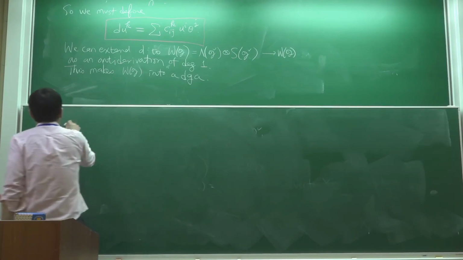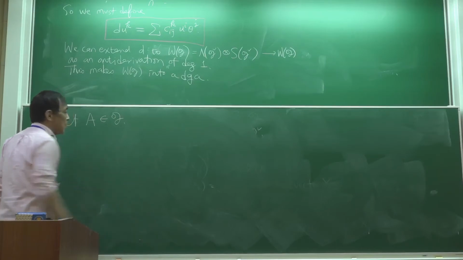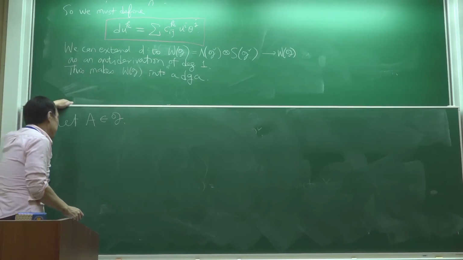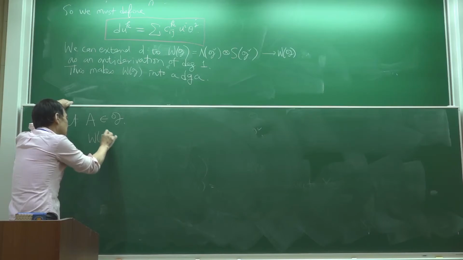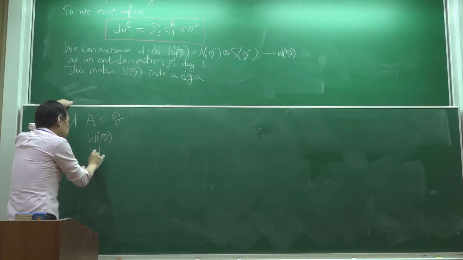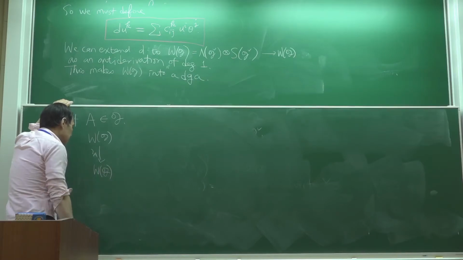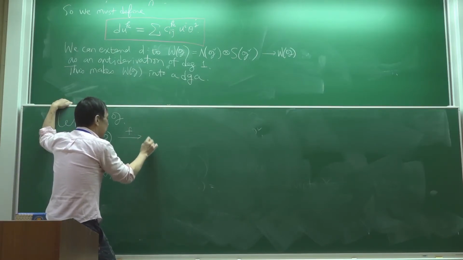And again, we just define it on the generators. So you want to define IA, and it should commute with the Weil map.